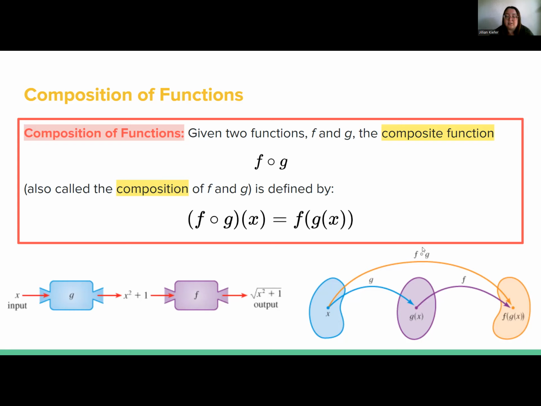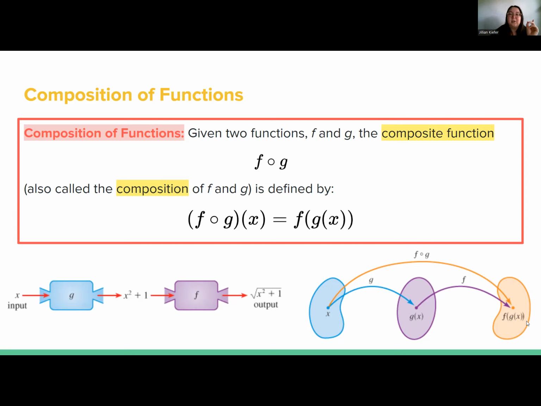So the composition function f circle g is just giving you this kind of double bump here. So the double evaluation without actually doing it two separate times. It's just one straight way through, one cycle.